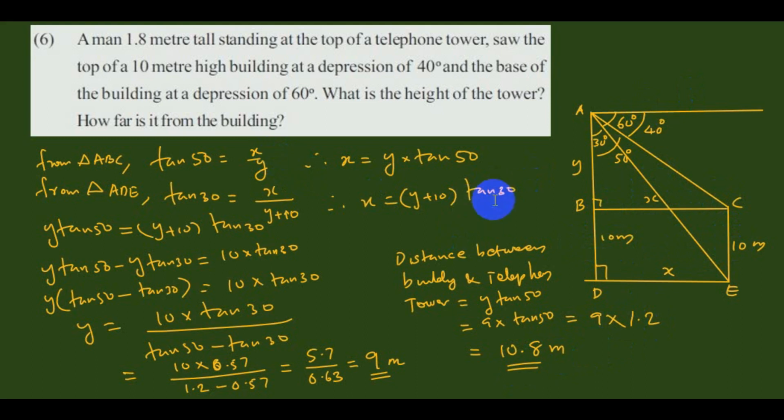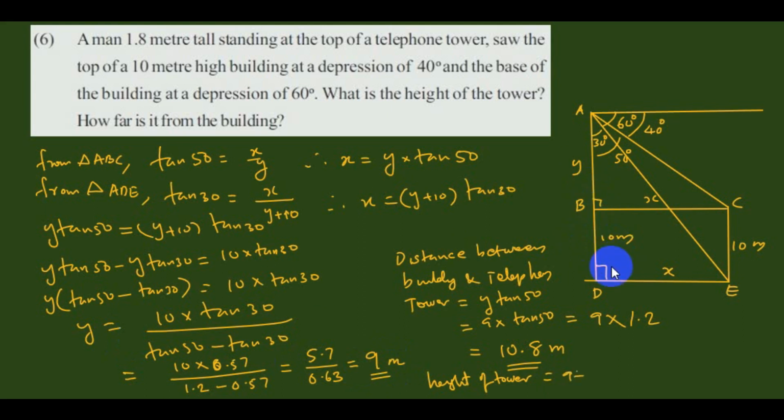Now we need to find out the height of the telephone tower. What about the height of the telephone tower? Height of tower means this 10 plus this y. Y contains the height of the man also. What about y alone? It is 9. 9 plus 10 will be 19.